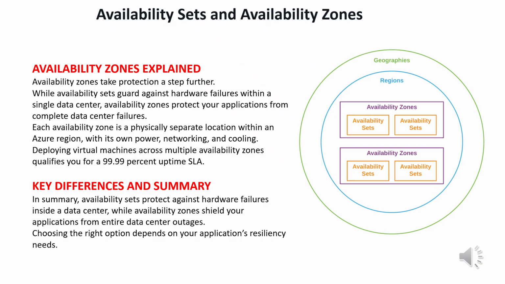Deploying virtual machines across multiple availability zones qualifies you for a 99.99% uptime SLA. Key differences and summary. In summary, availability sets protect against hardware failures inside a data center, while availability zones shield your applications from entire data center outages. Choosing the right option depends on your application's resiliency needs.